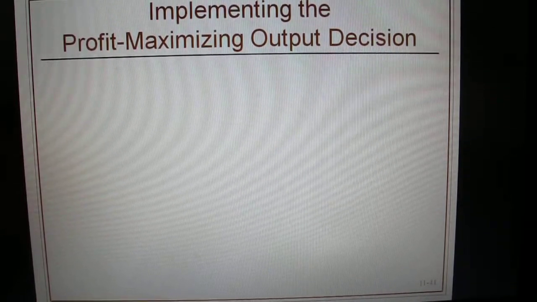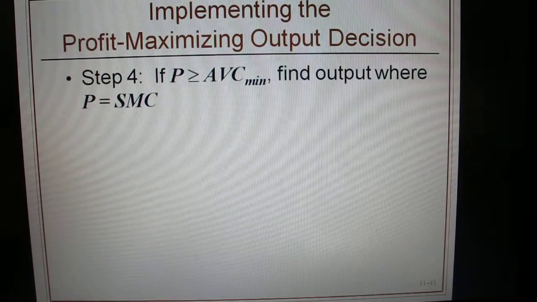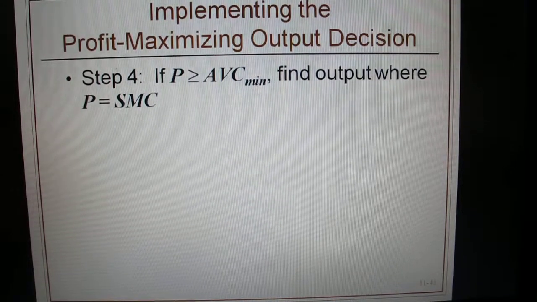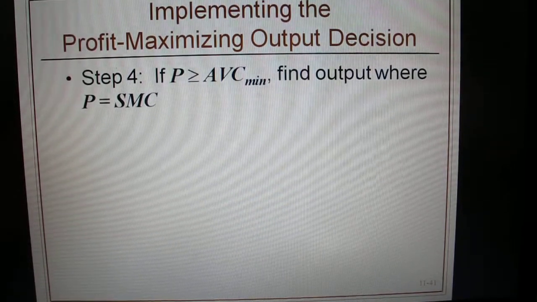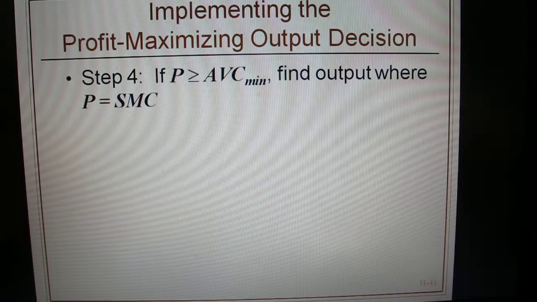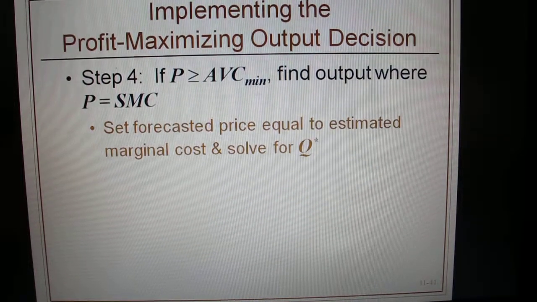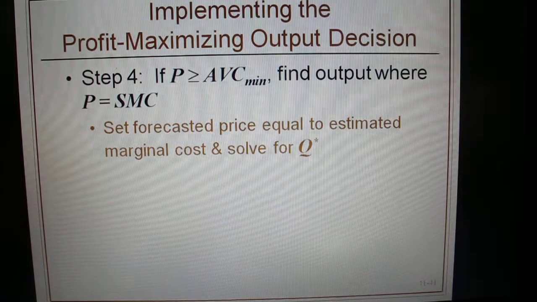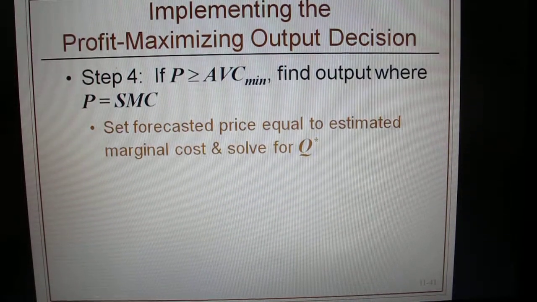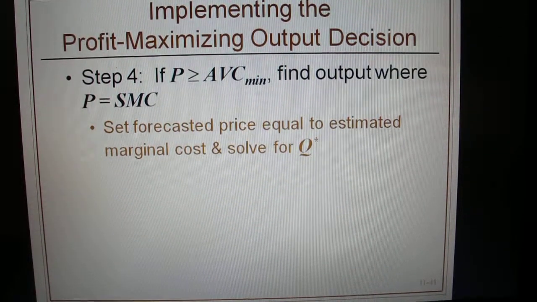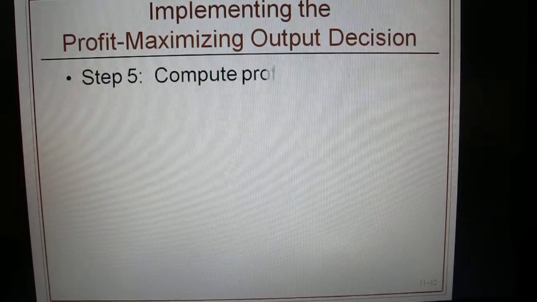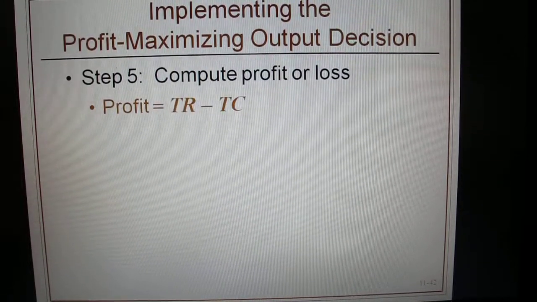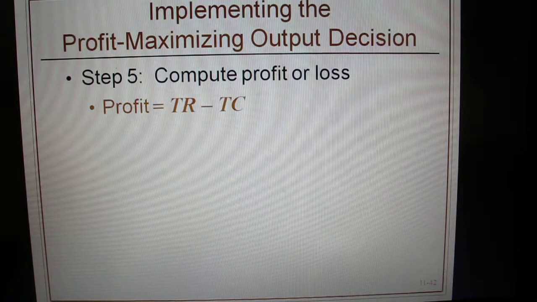If the price is greater than the minimum average variable cost, you want to find the output where the price is equal to the short-run marginal cost, so you set your forecasted price equal to the estimated marginal cost and solve for Q star, which would be your output. From that, you can then compute your profit or loss, your total revenue less your total cost.